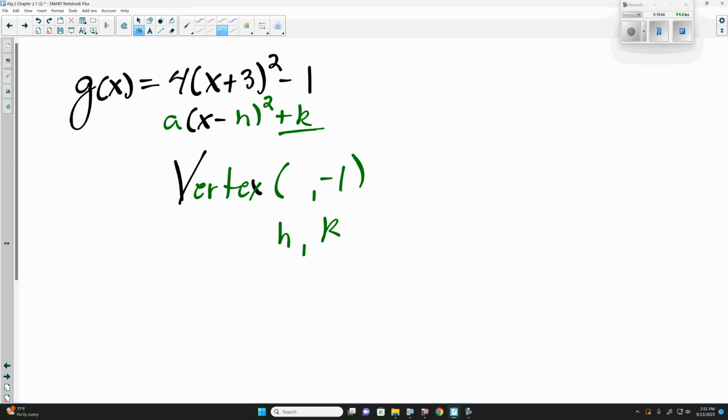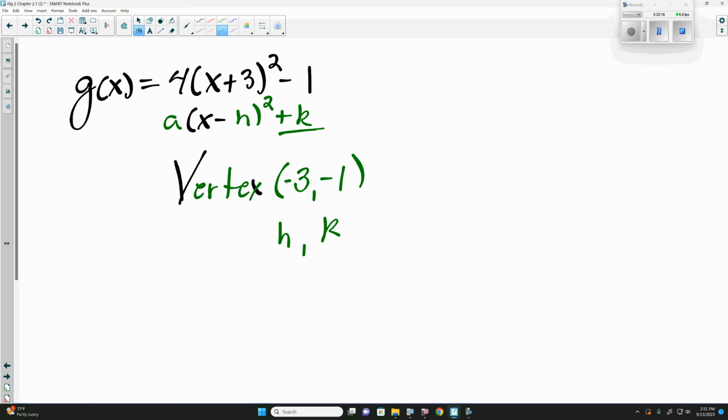What is our h value? Almost. It is opposite, because if we look at the general form, it is what? x minus h, yes? In the equation we have x plus 3. The only way I can change that minus to a plus is if the value of h is negative.